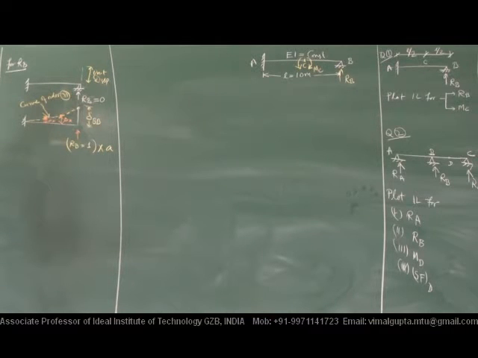According to Muller-Breslau principle, what is the needed displacement here? It is 1. Needed displacement is 1. After providing unit displacement, when will it be 1? It is a deflected shape.